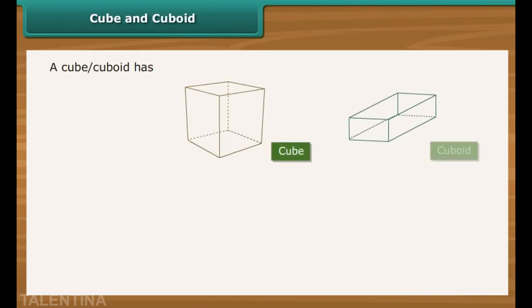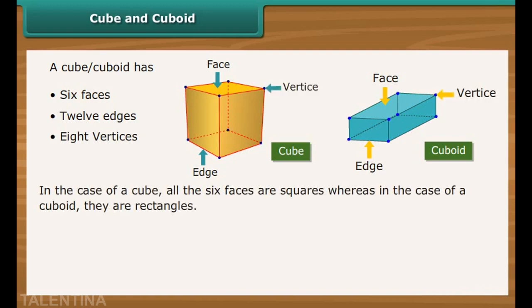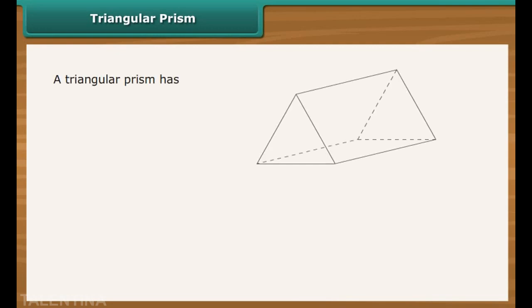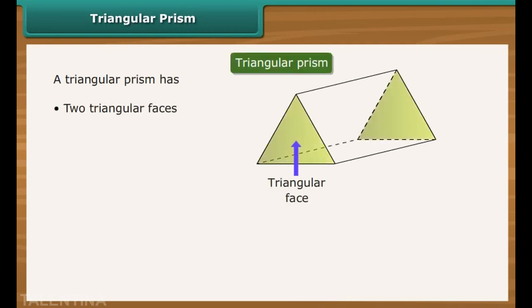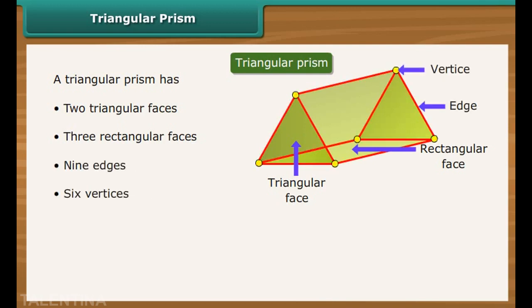Cube and cuboid. A cube or cuboid has 6 faces, 12 edges, 8 vertices. An example of a cube is a dice. An example of a cuboid is a book. Triangular prism. A triangular prism has 2 triangular faces, 3 rectangular faces, 9 edges, 6 vertices.